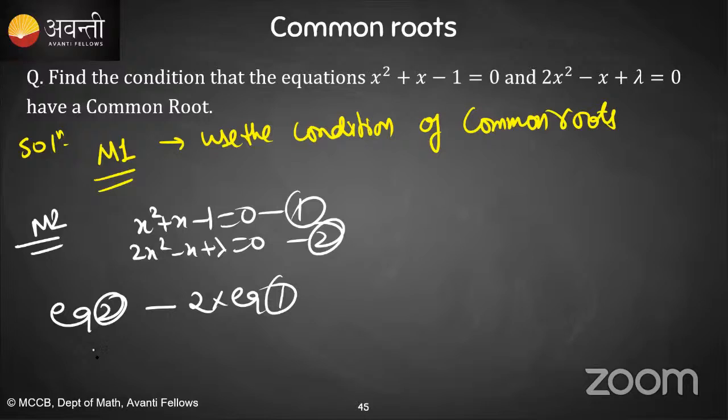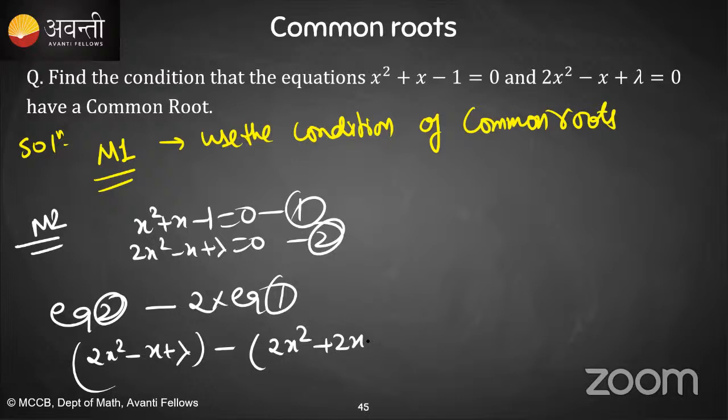Multiply equation 1 by 2: 2x square plus 2x minus 2 is equal to 0. Subtract, and what you will get is minus x minus 2x, minus 3x, lambda plus 2.